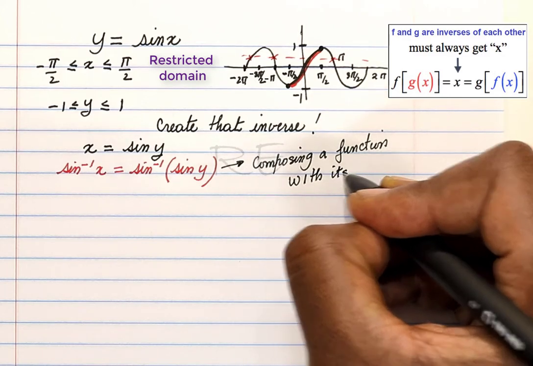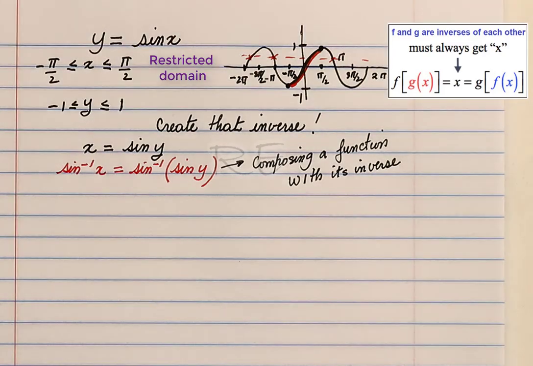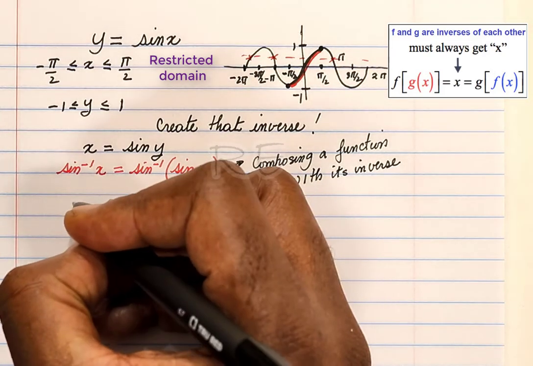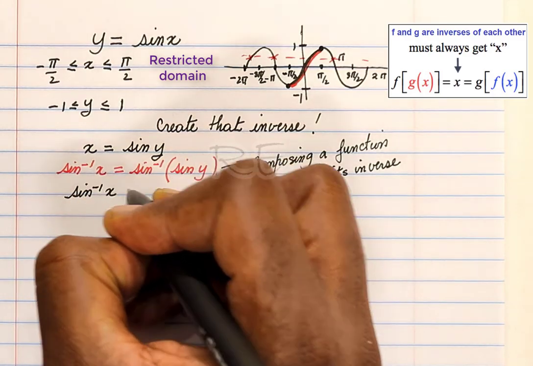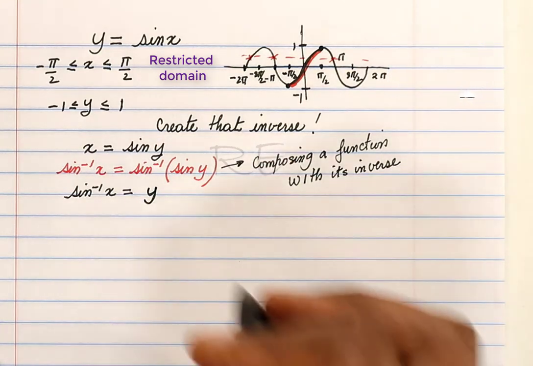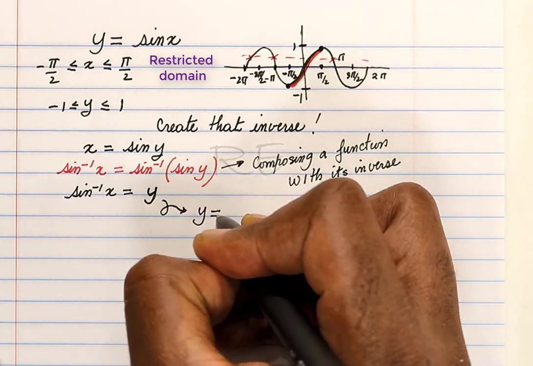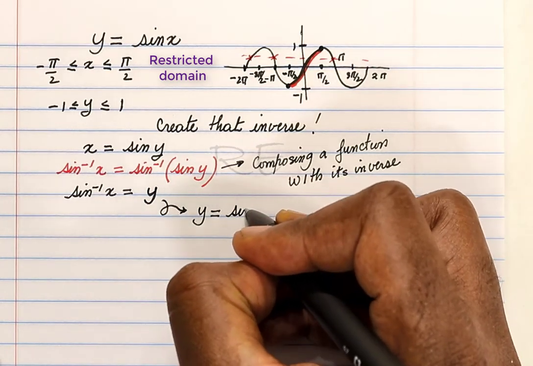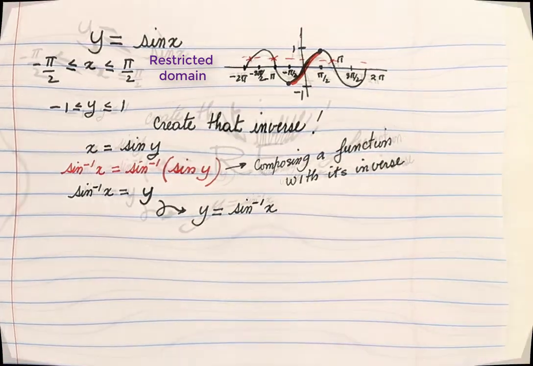If f and g are inverses of each other, f of g of x is equal to g of f of x is equal to x. So the inverse of x is equal to y, which we write y equal to sine inverse of x.